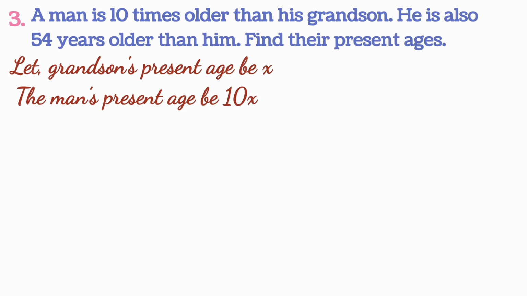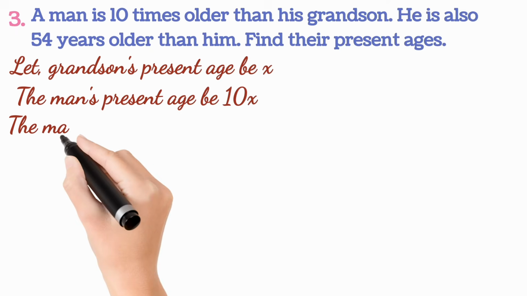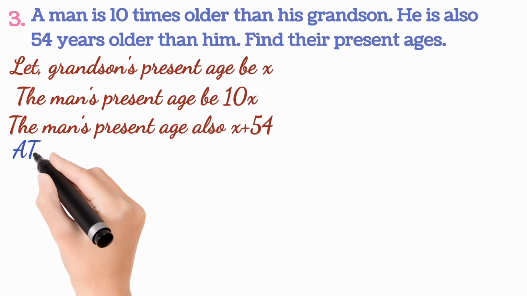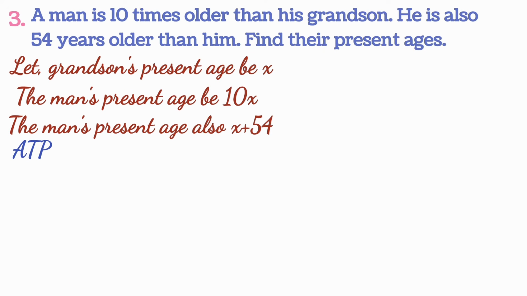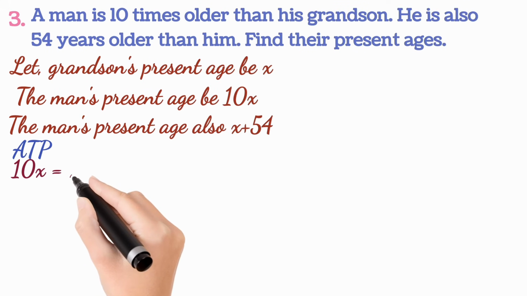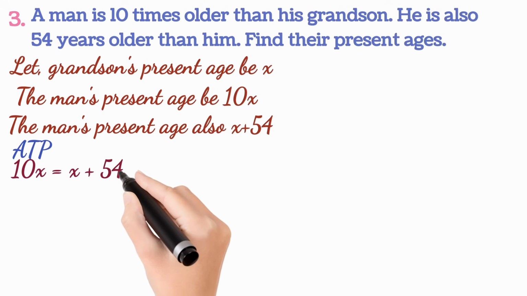And the man's age is 10x because he is 10 times as old as the grandson. Also, the question says he is 54 years older than him, so the man's present age is x plus 54 also. We got the man's present age in two ways: 10x and x plus 54.